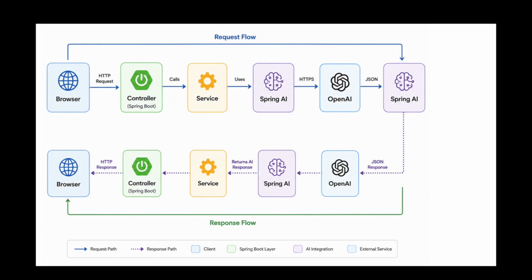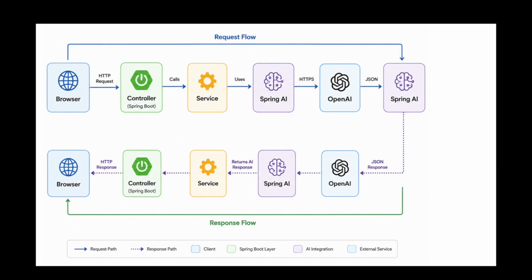Along with the request, it sends our prompt in JSON format. OpenAI processes the prompt using its large language model and generates a response. It sends that response back as JSON. Spring AI receives this JSON response, converts it into Java objects, and returns the generated text to our service.